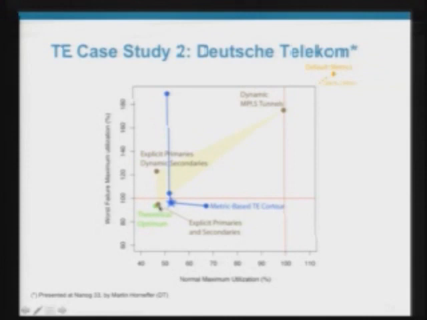It was a bit lower, but manipulating the metrics, even though it was a bit higher, was good enough. So let's not add to the complexity of the network if we don't need to.